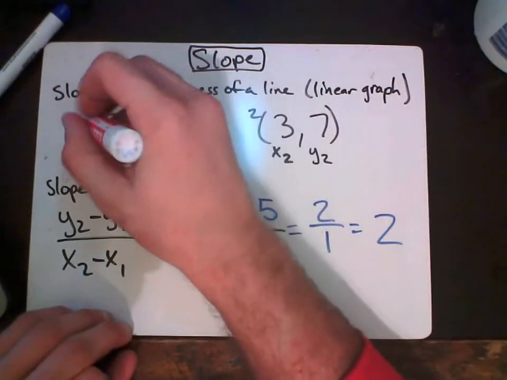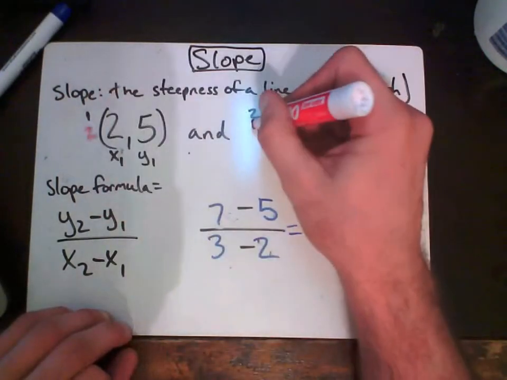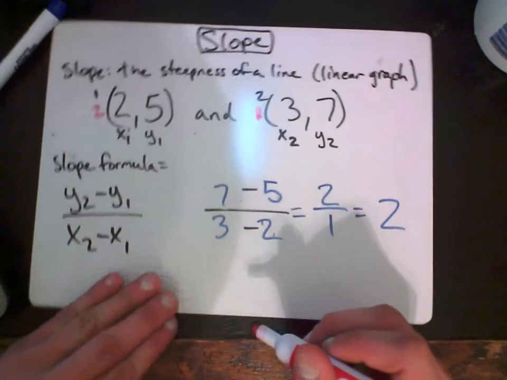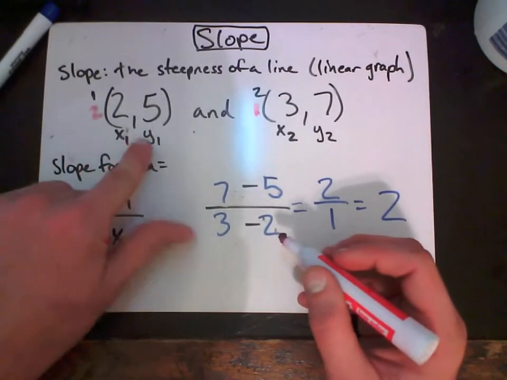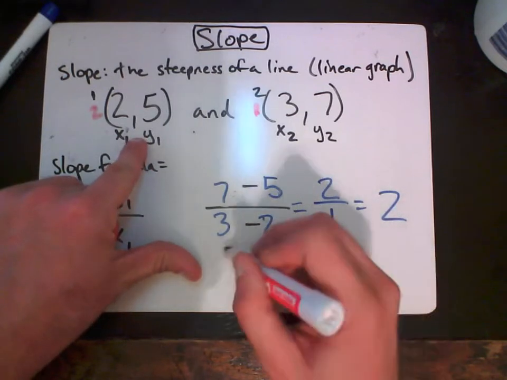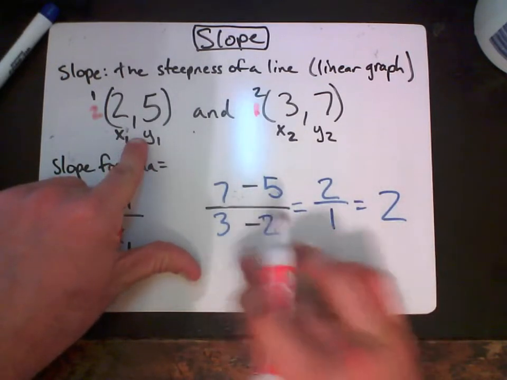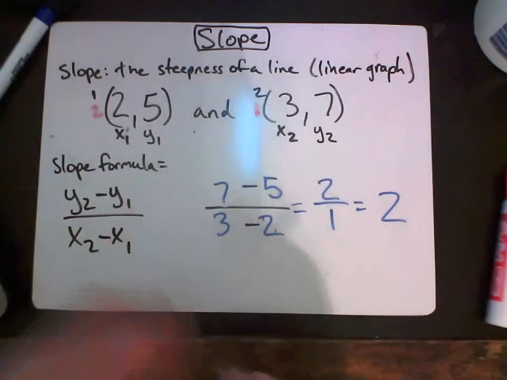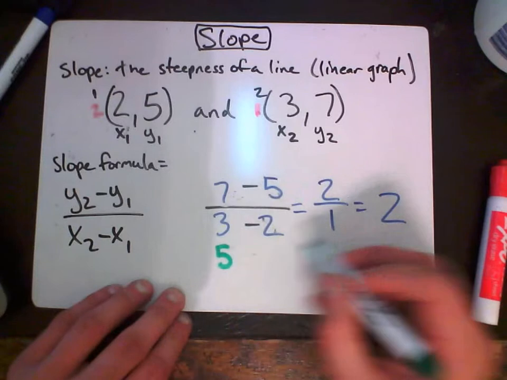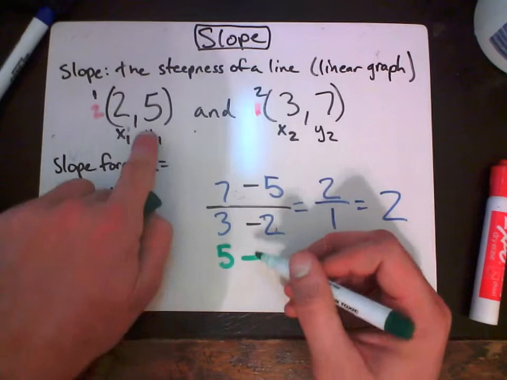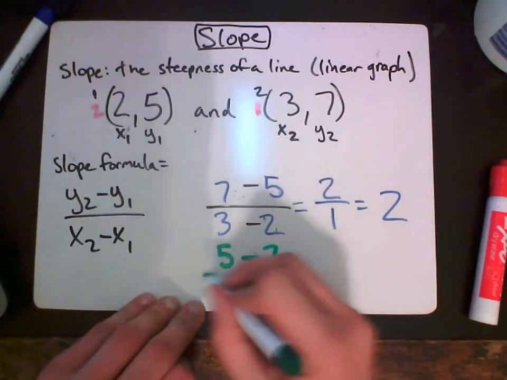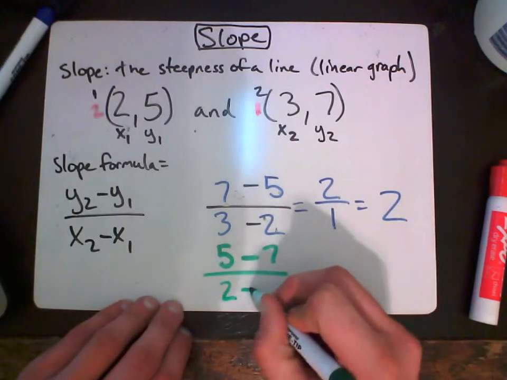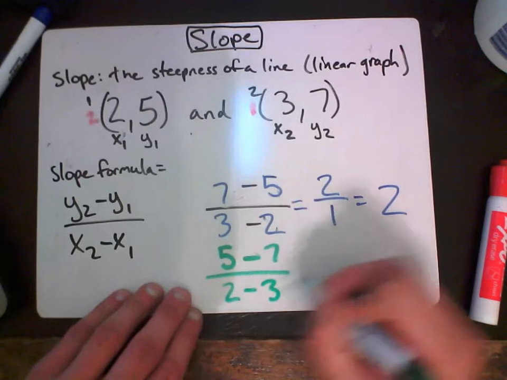I'll make this coordinate my second value, this coordinate my first value. So, y1 minus y2 over x1 minus x2.